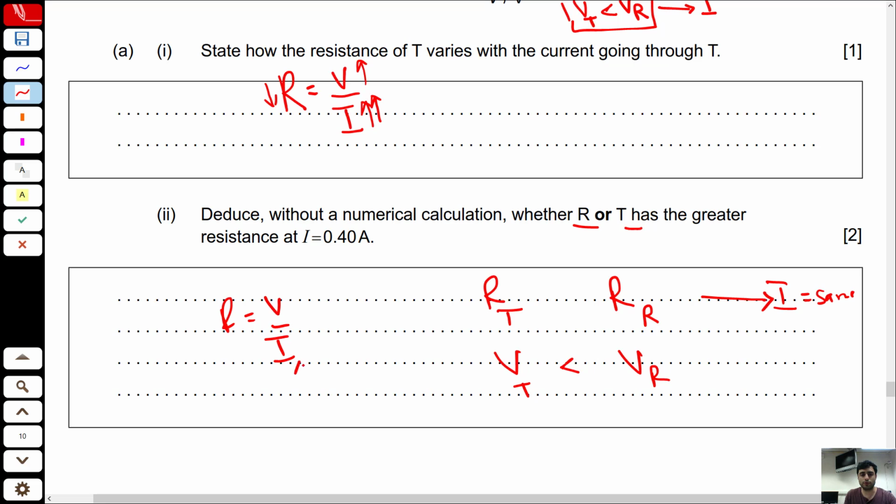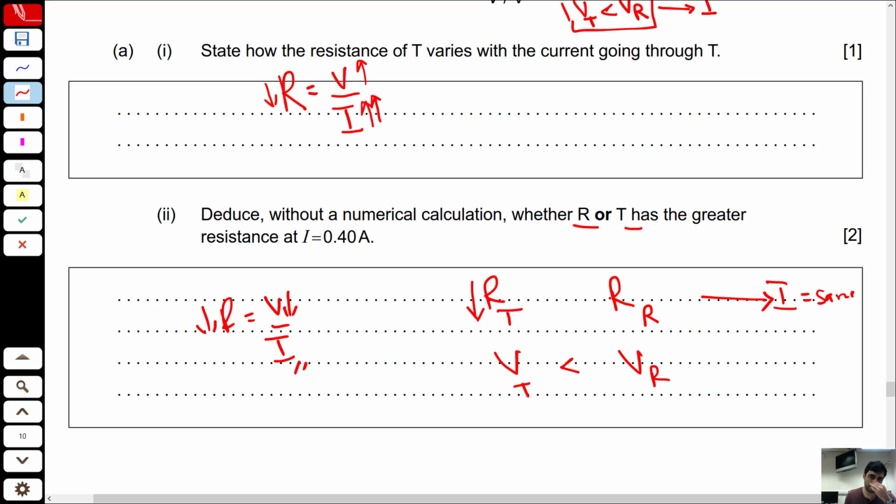Since the current is the same for both components, the resistance is proportional to voltage. So the smaller the voltage, the smaller the resistance. Since T has a smaller voltage, T will have smaller resistance compared to R.